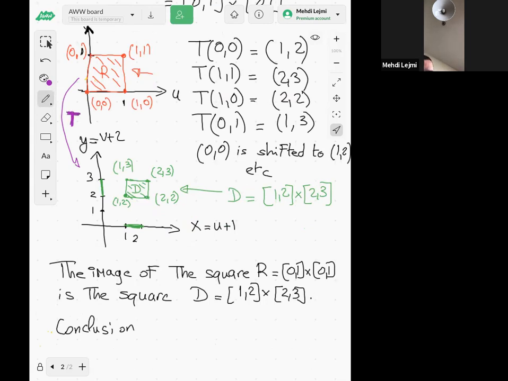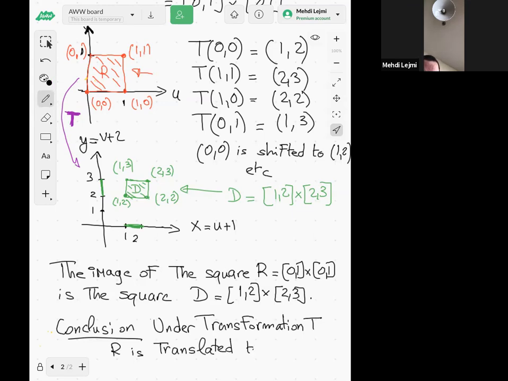So the conclusion is that under the transformation T, the square R is translated to the square D. All we did here, guys, is move the square [0, 1] cross [0, 1] to the square [1, 2] cross [2, 3], right?